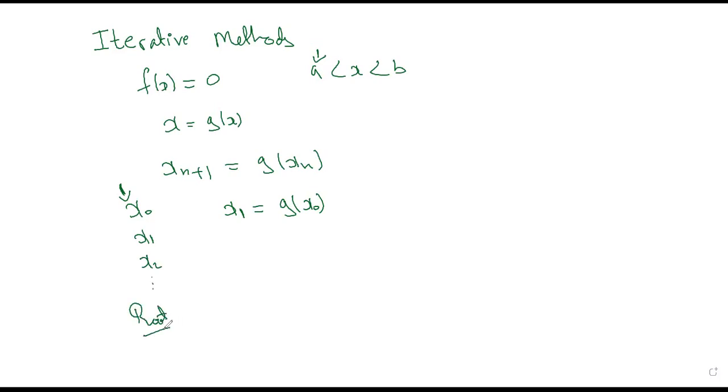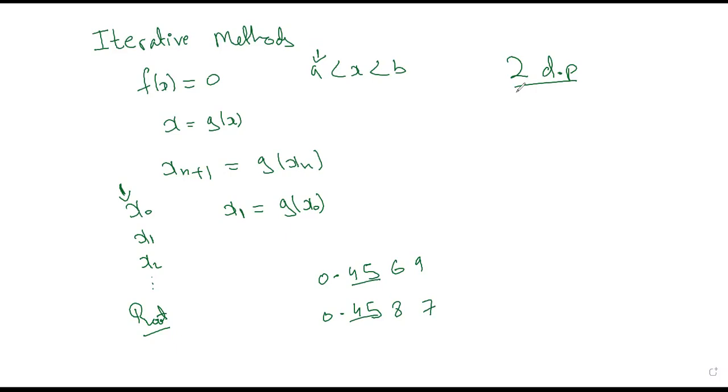And what is the clue? What is our stopping point? In the question, you would be given a particular number of decimal places for your answer. So you will find different x's, and there would be a point where you see that you're getting the same value up to two decimal places, or three, or one.